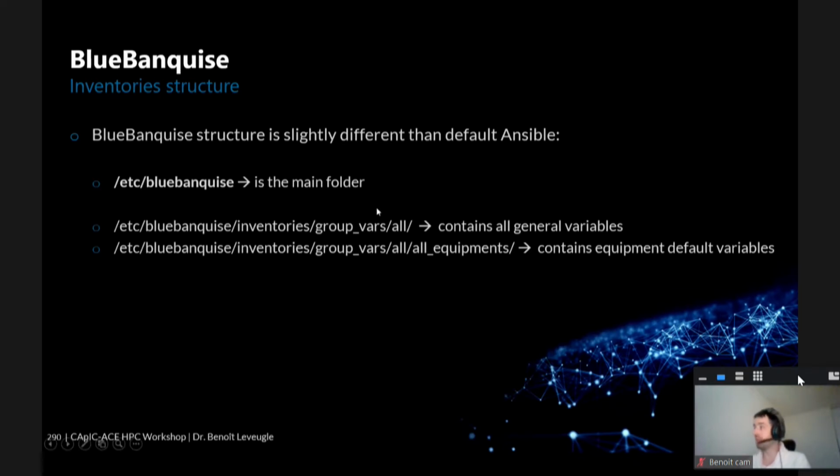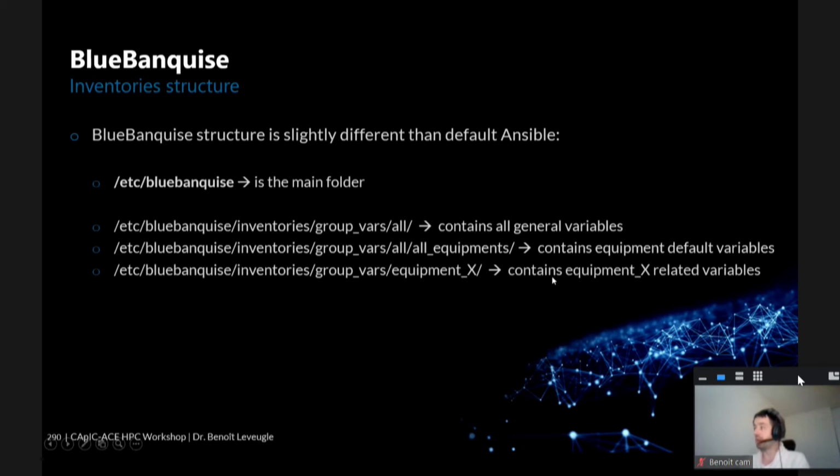So many things are for equipment, but by default, there is an all_equipment group that I would say is the default that brings variables for all the equipment. And then you need to use the precedence mechanism to say, no, for this specific equipment, I want something else. So equipment_X, group_vars equipment_X, for equipment other than the generic one.